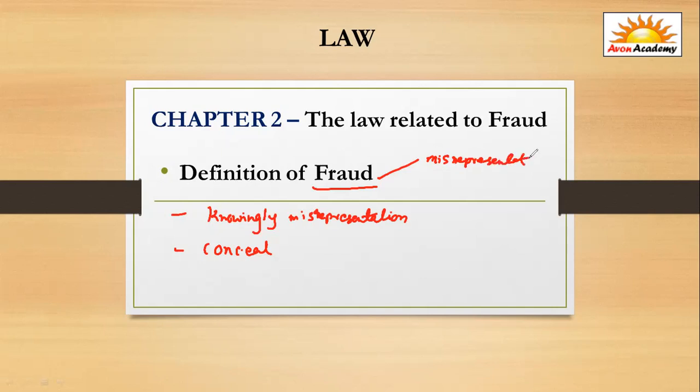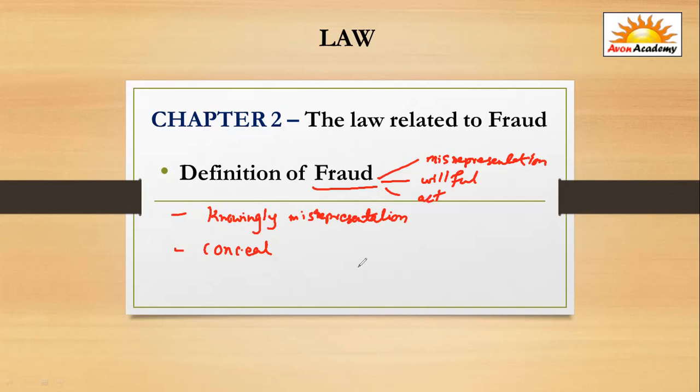In addition to the misrepresentation, it is intentional, that is, a willful misrepresentation, and also for the other person to act to his or her detriment. So that means you are doing this willful misrepresentation to make someone act on a certain event.